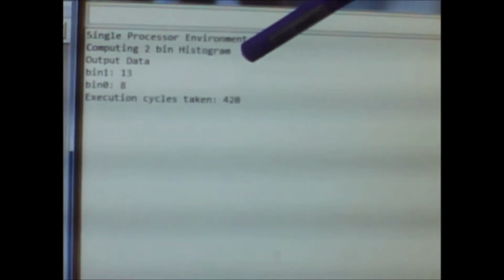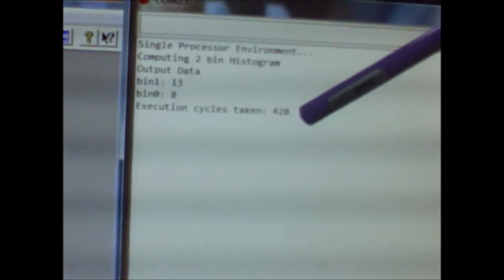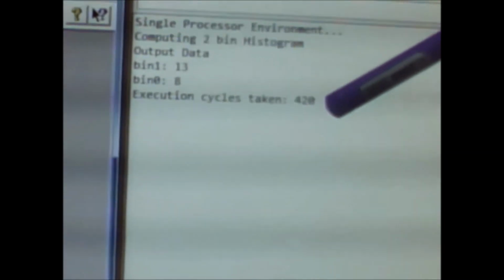The output is shown here over the virtual COM port, where we have calculated a 2-bin histogram, for which the output is as below. Further, the execution cycles taken for the program are 420 in the single processor environment.